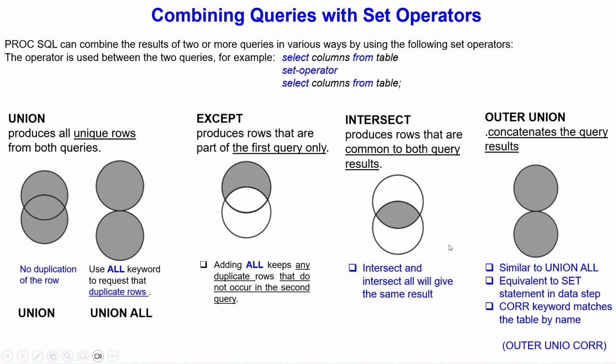Otherwise, it keeps the variables in different columns even though the name is the same. To avoid that, you have to use the corresponding keyword. So outer union corresponding is very similar to union all and also similar to the set statement of a data step.